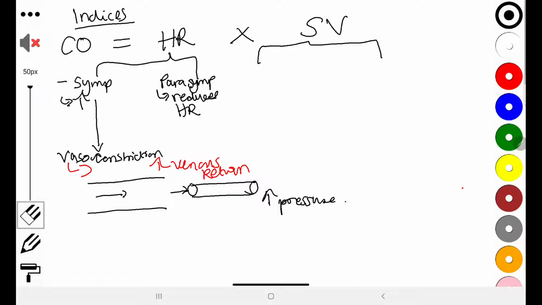So what does affect this amount or this volume of blood per impulse? The first thing that I will talk about is preload. Now, preload is the amount of load or the amount of pressure that is on the ventricle before it starts contracting.